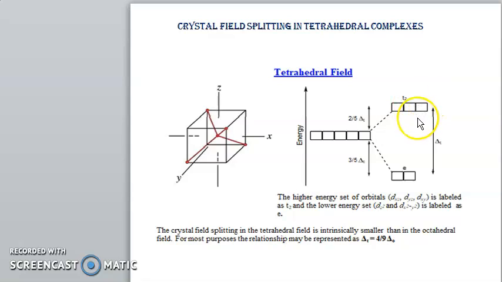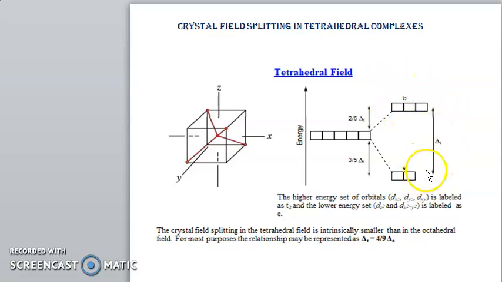But in the tetrahedral splitting there is a different type of splitting. Here it is E, not Eg, and T2, not T2g, because there is no center of symmetry, so there is no use of g, meaning gerade, and that's why g is not used in tetrahedral splitting.